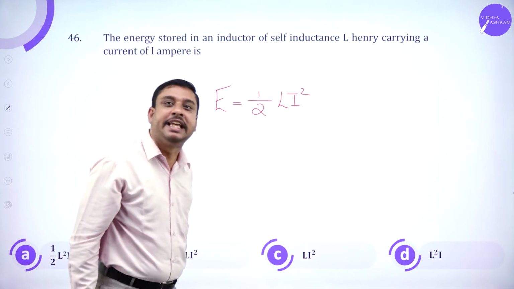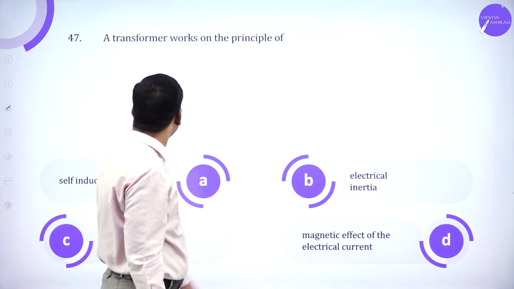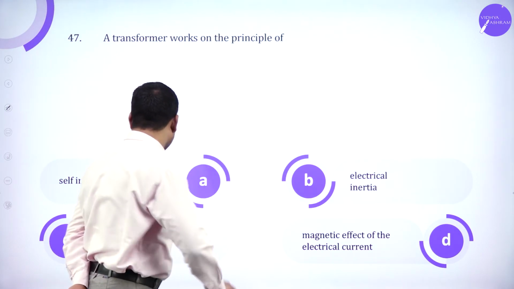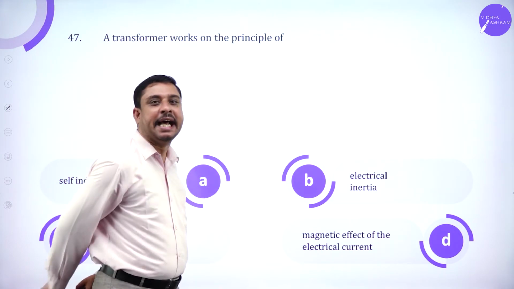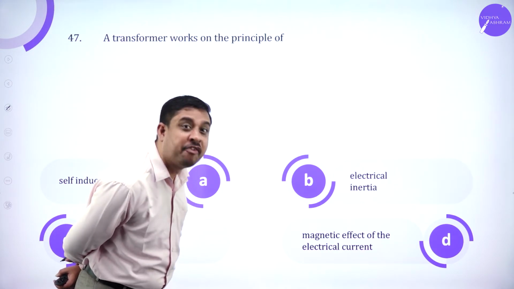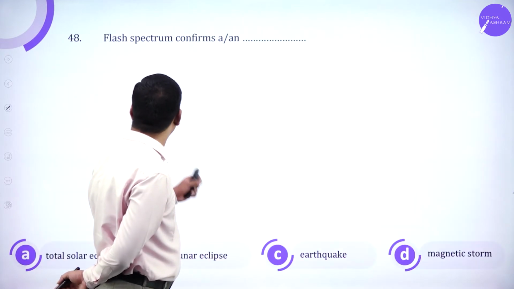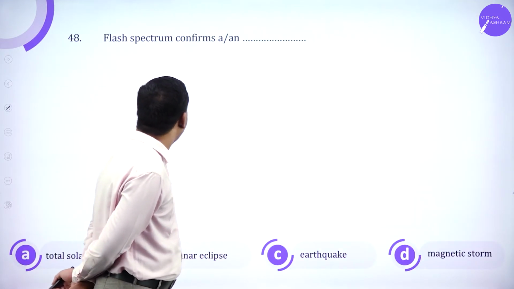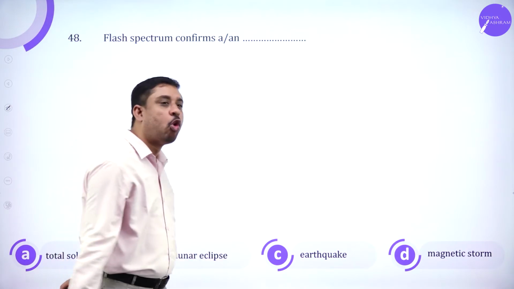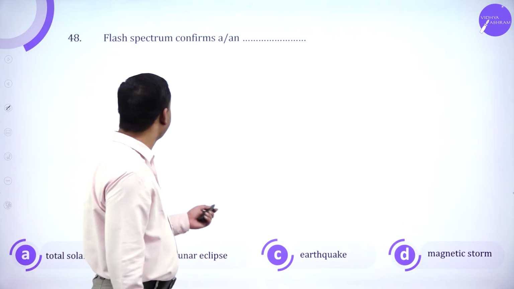Inductor half L I square. Transformer works on the principle of mutual induction. Choke works on the principle of self-induction. Flash spectrum confirms total solar eclipse.